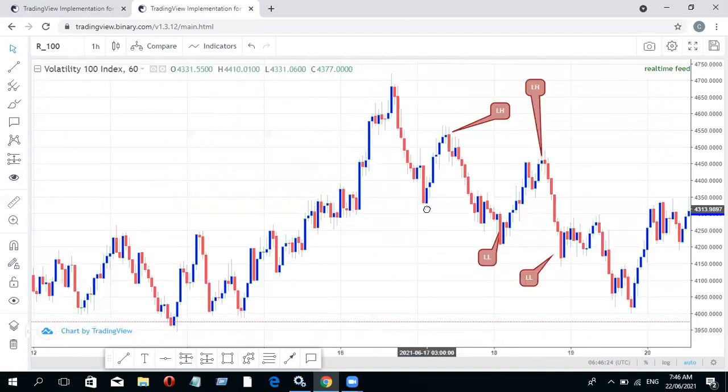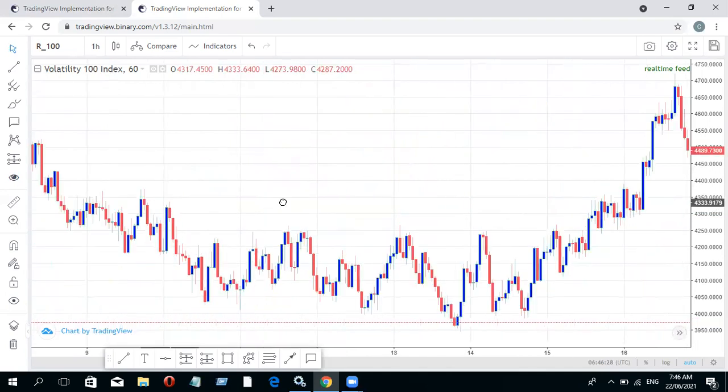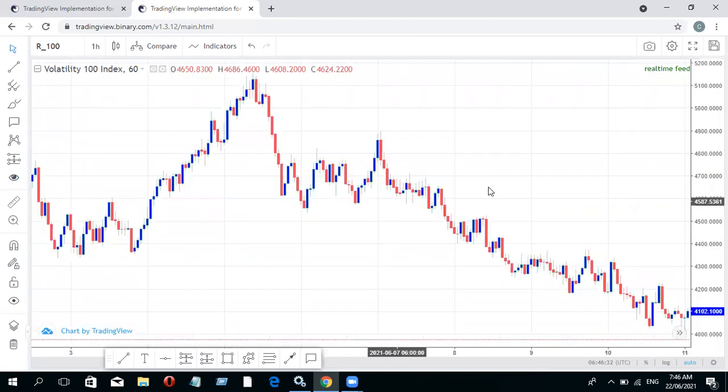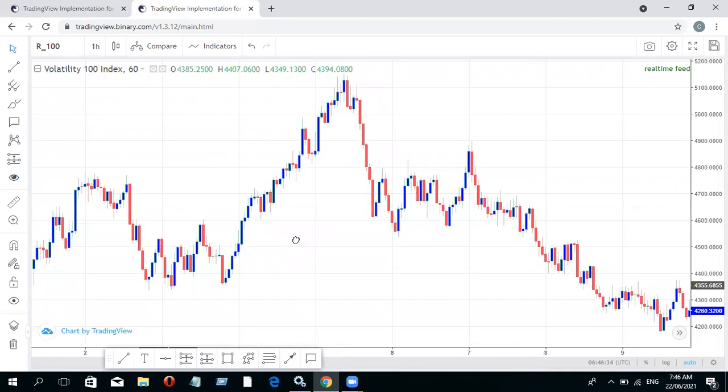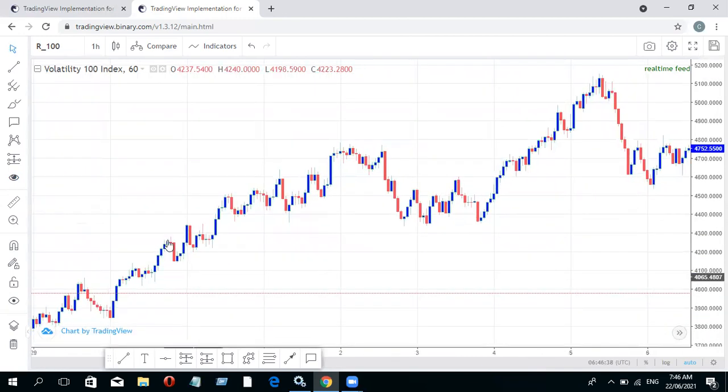Now let's look at a bullish market. Let's look for an example of when the market was bullish. This market has been bearish for a really long time. Okay, this is it. So this is a bullish market. You see the market doing this.